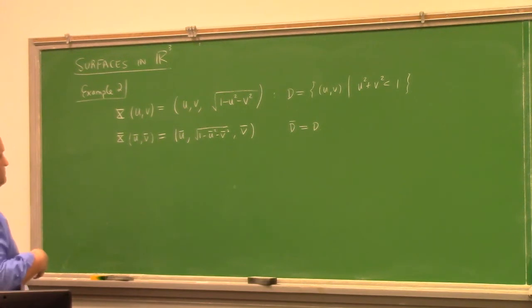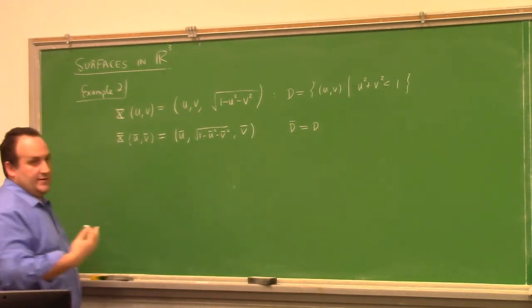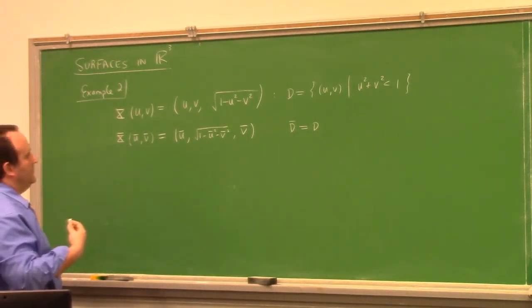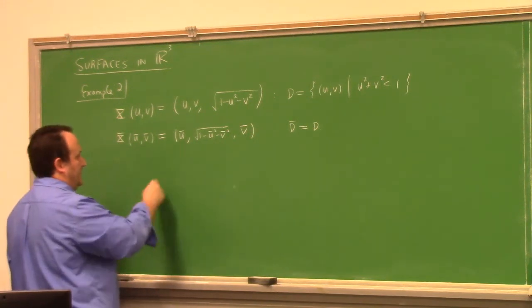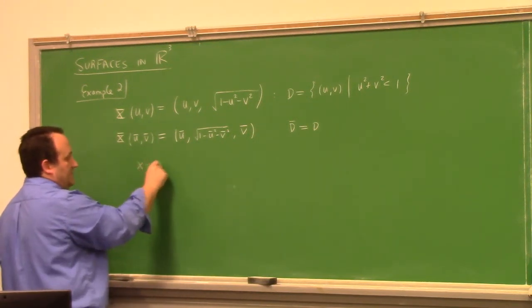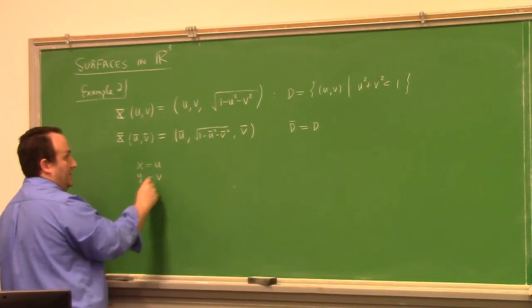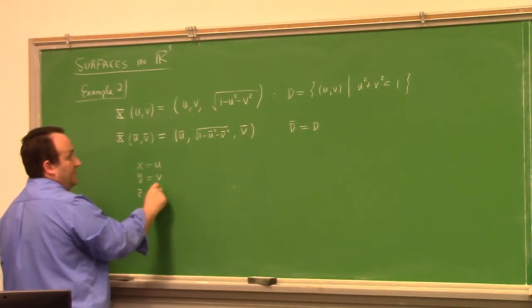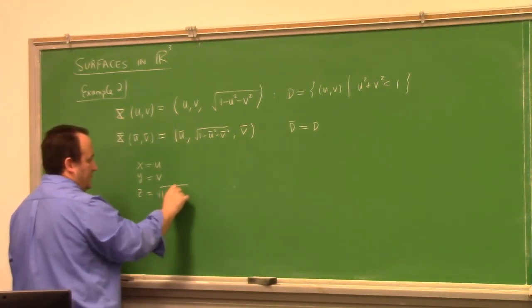Those are open sets. Now here's a picture of what's going on. Let's try to understand this. We've got x equals u, y equals v, z equals the square root of 1 minus u squared minus v squared. What is this?